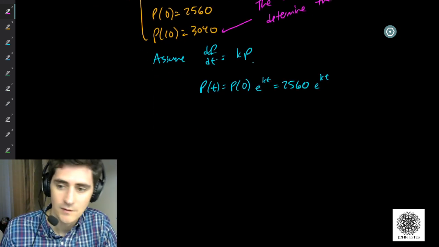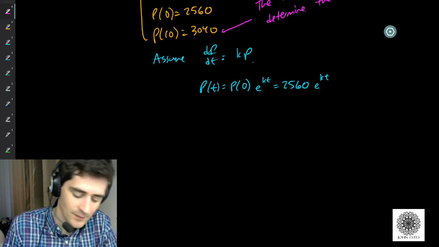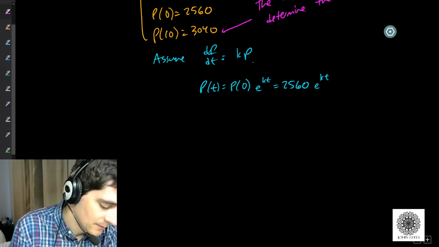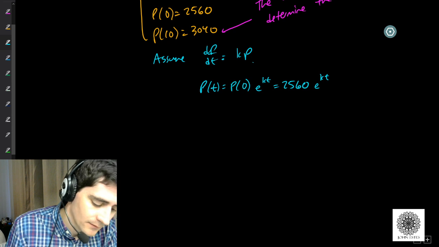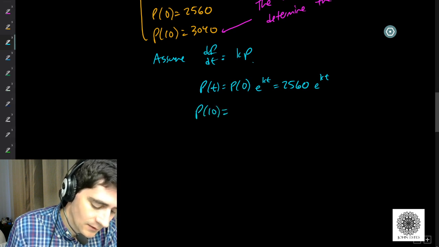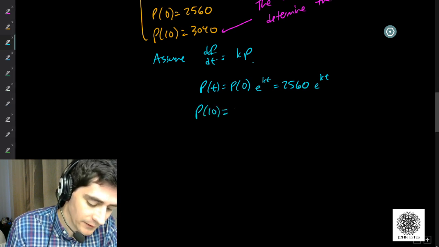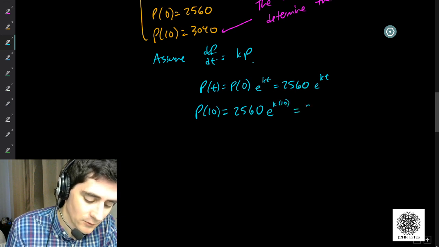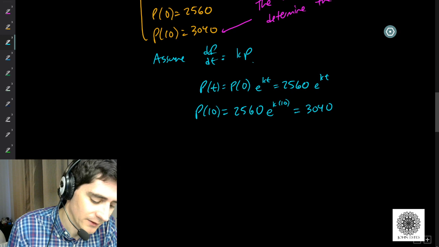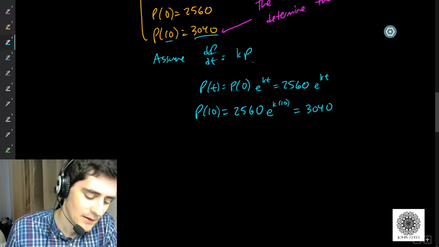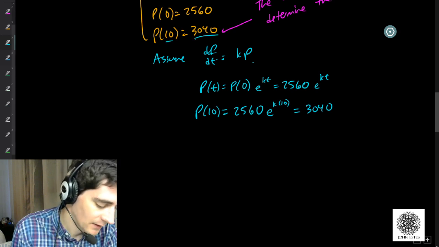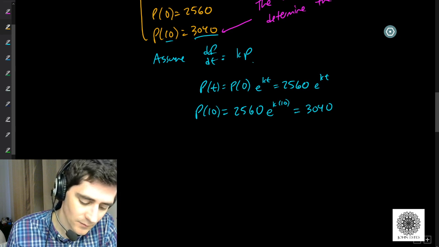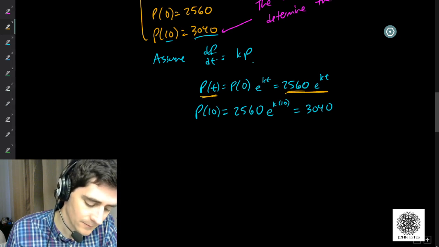Okay, so we know then that if I plug in 10, it's going to be 2,560 e^(k·10). And I also know what that's got to equal, right? The 3,040. We got that from right here. And again, I'm just plugging in values into this model. Okay.